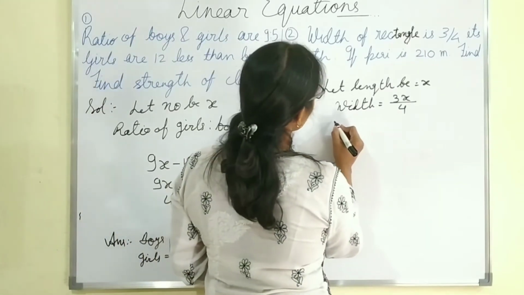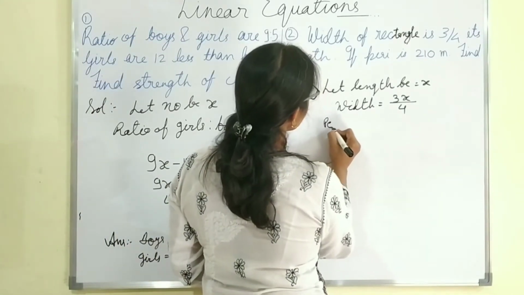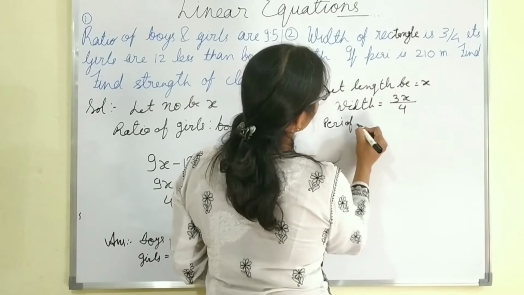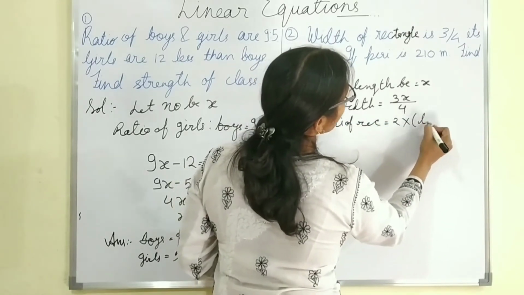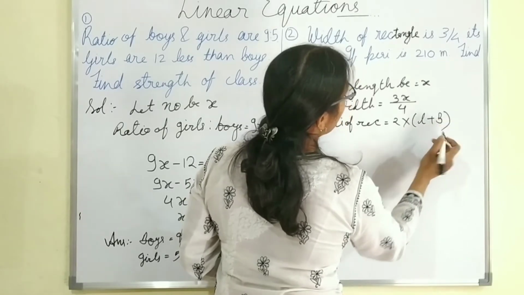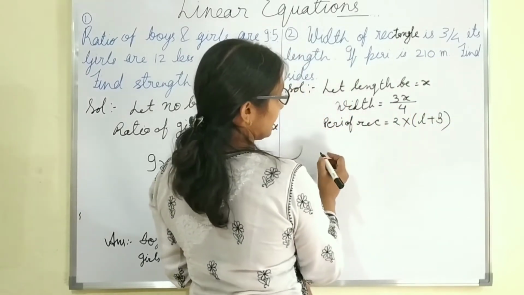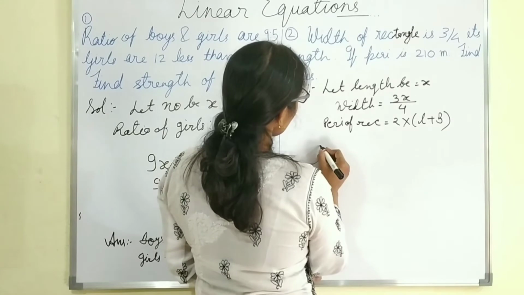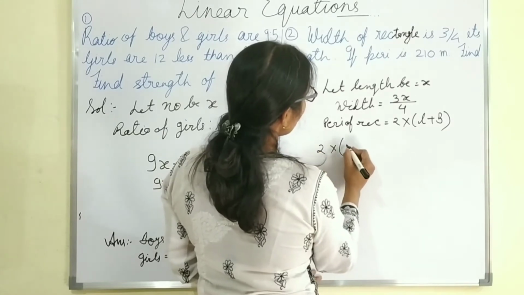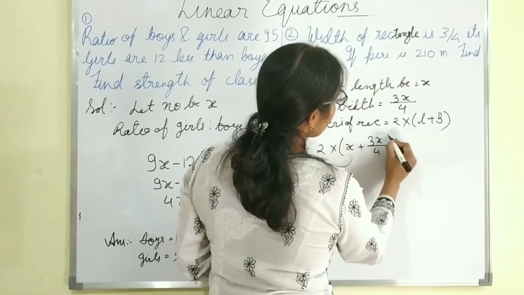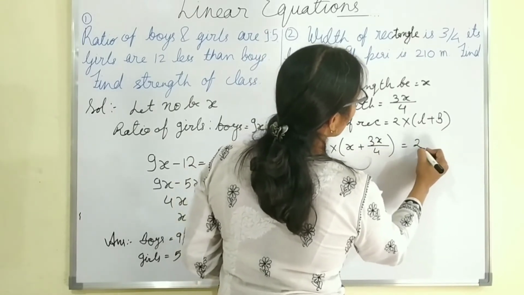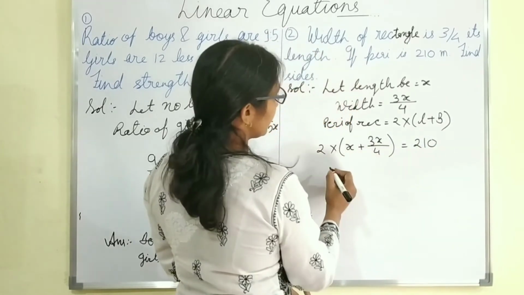So perimeter of rectangle equals 2 into length plus breadth, and it is given as 210. So 2 into x plus 3x upon 4 equals 210.